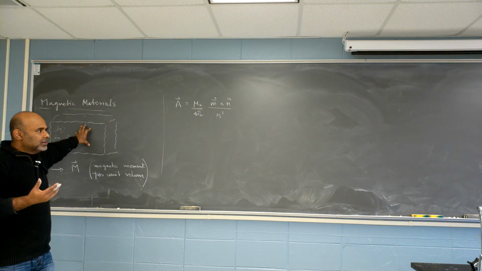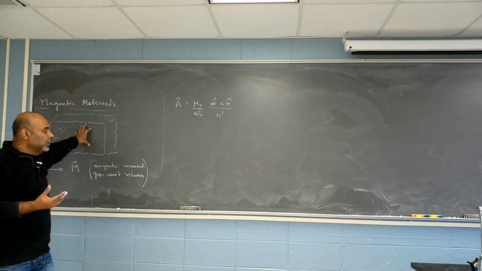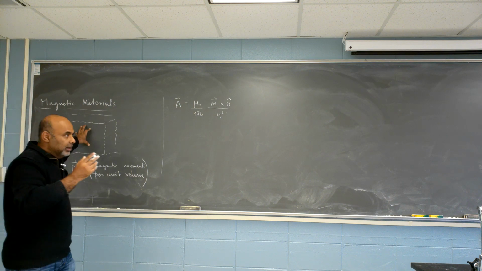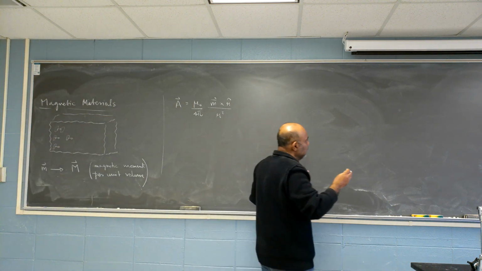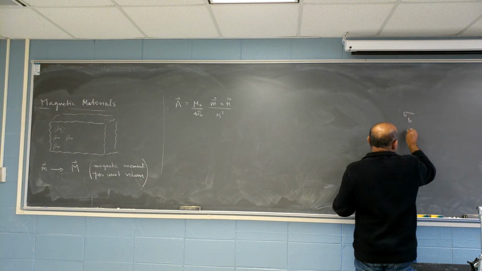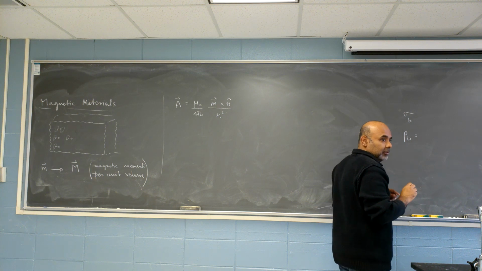We had a similar analogy. So what I'm looking for is, when you have a magnetic material, what are the sources of the A field? Let me recall this comparison. You had a sigma bound and a rho bound, right?